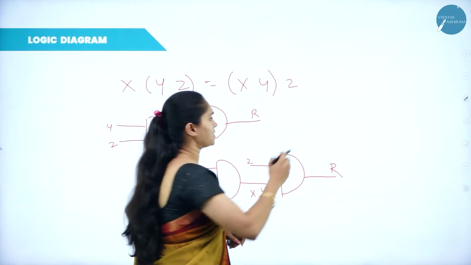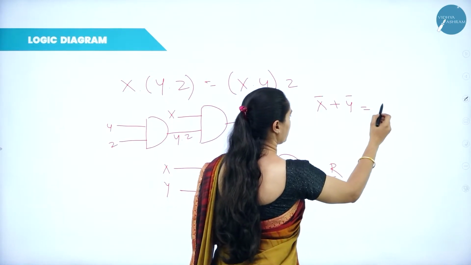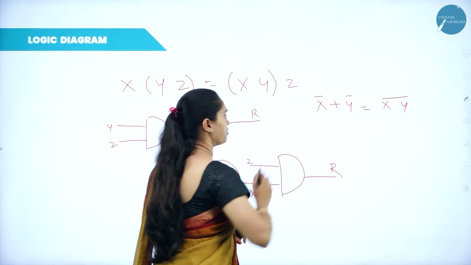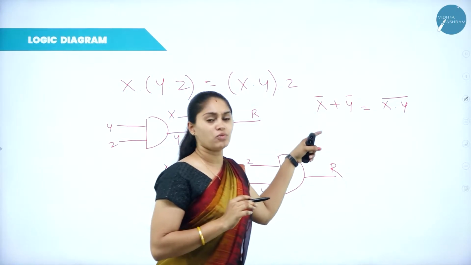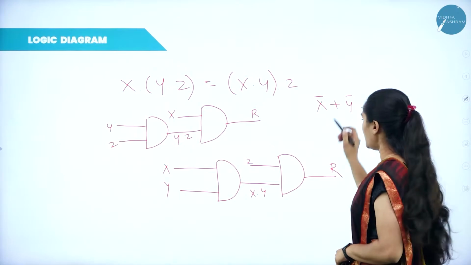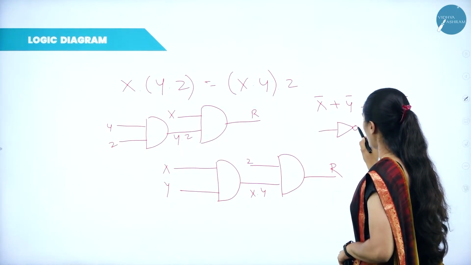Let me take one more example. x bar plus y bar is equal to x dot y whole bar. What is the first input I have here? First you have to understand which operation I am doing. We are working with the OR operation, that is, we are working with addition. So x bar, that is a NOT gate, will be my one input.